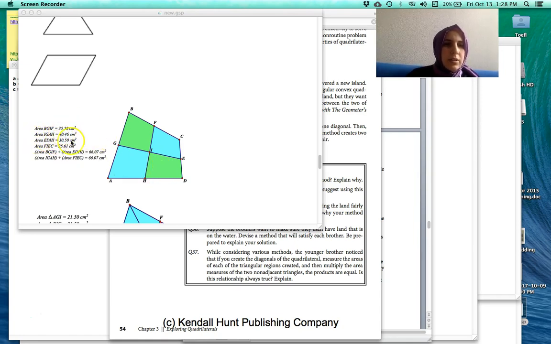The area BGIF plus area EDHI equals 66.08 square centimeters, and the area IGAH plus area FIEG equals 66.07 square centimeters. And that can be solution 1.